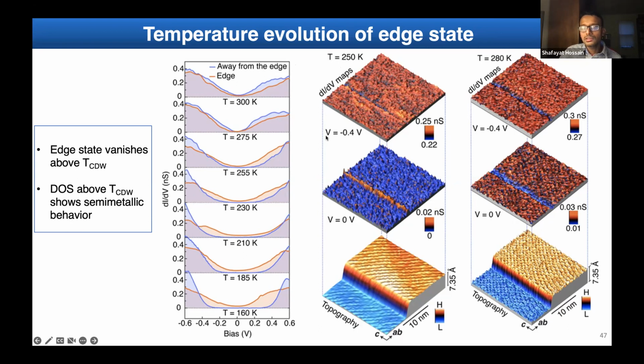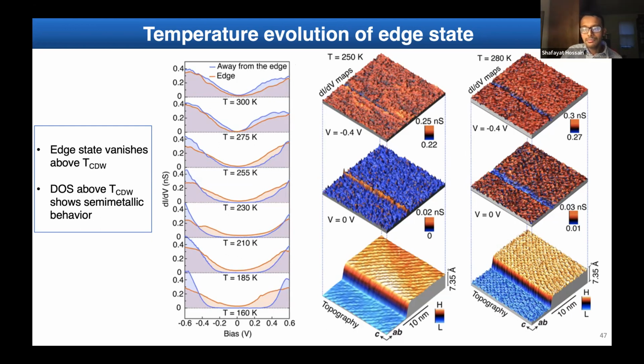And of course, there is no edge state away from the gap, for example at minus 0.4 volt. If we go above the charge density wave transition temperature, then at the Fermi level there is no edge state. So it appears that the edge state is linked to the charge density wave, because they show a similar temperature evolution.